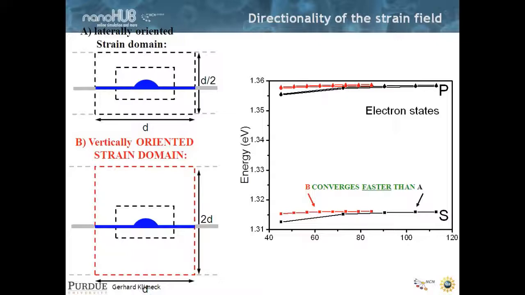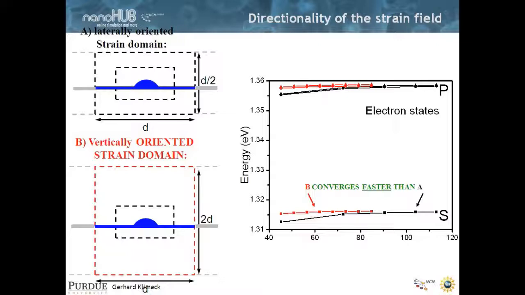The result between the two boundary conditions turns out to be the same for smaller lateral distances, where we expanded the height much more dramatically. That indicates that the strain is actually very much vertically oriented rather than laterally oriented. And in fact, you can find experimentally that quantum dots like to grow on top of each other.